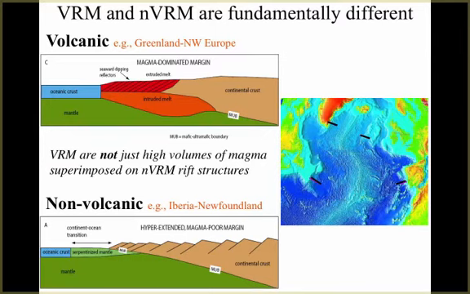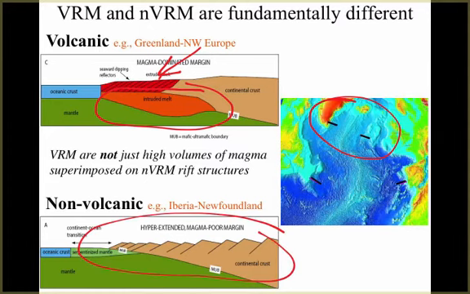There are two examples here of a volcanic rifted margin between Greenland and northwestern Europe, where there have been imaged these melts that have been intruded into the transitional crust, these seaward dipping reflectors, versus this hyperextended magma-poor margin like Iberia and Newfoundland, here and there, where we've got the exhumed serpentinized mantle, and the sediments filling these half-graben basins that are formed.